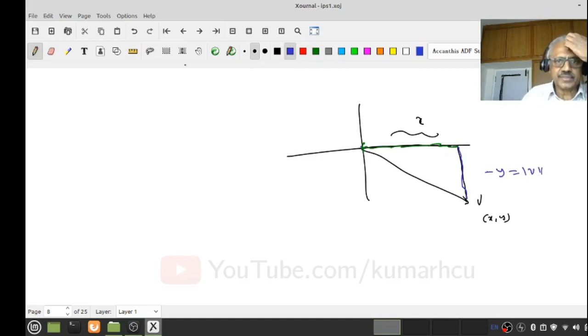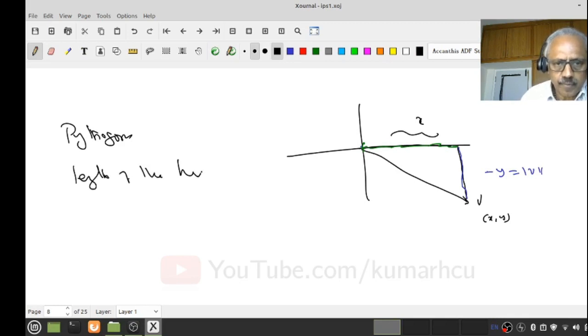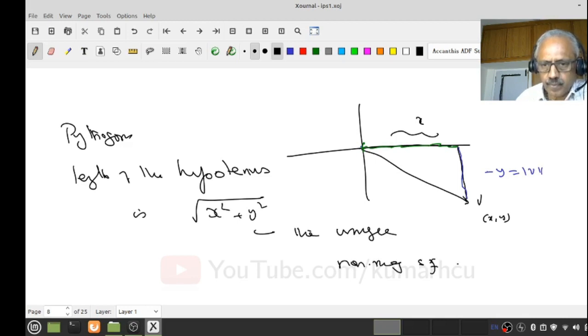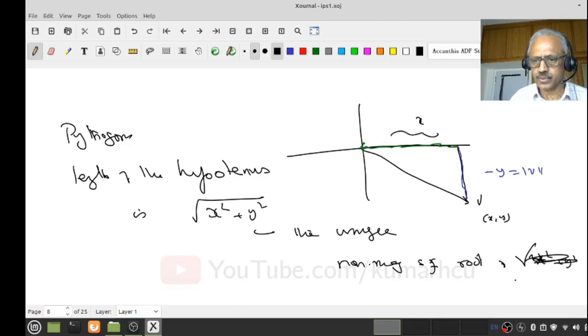Therefore by Pythagoras theorem, the length of the hypotenuse is the unique non-negative square root of the real non-negative number x squared plus y squared.